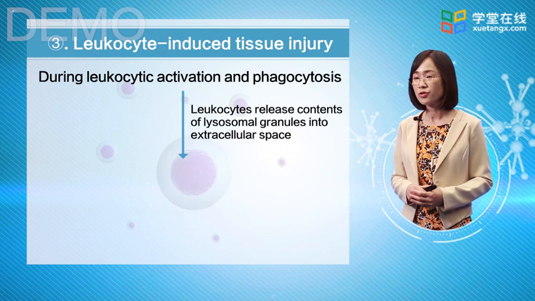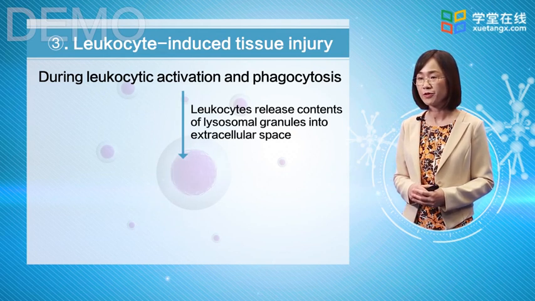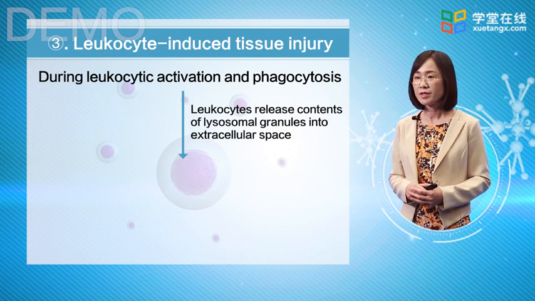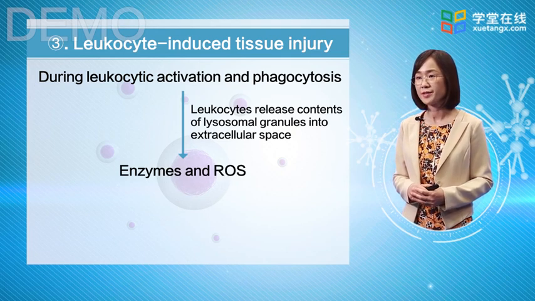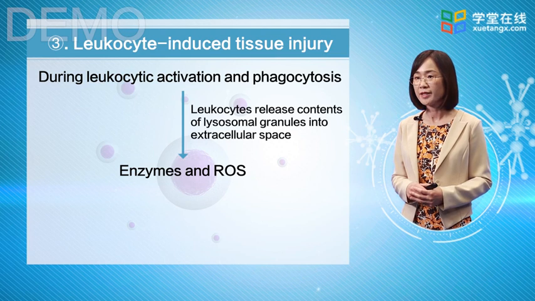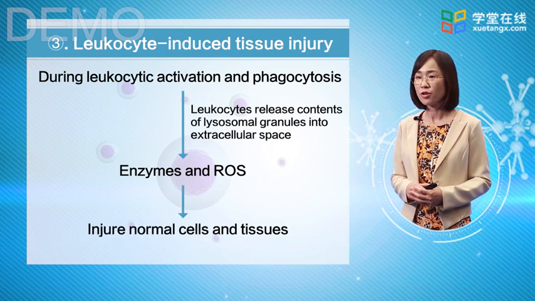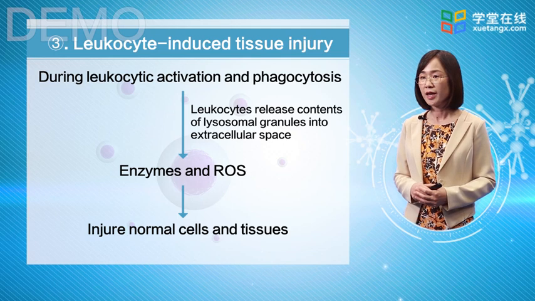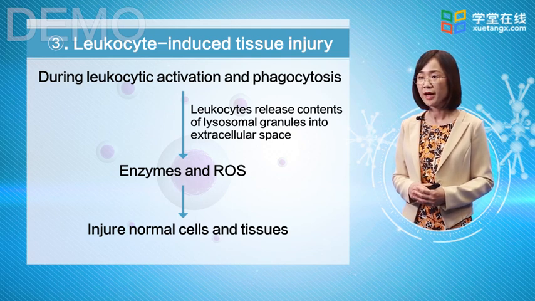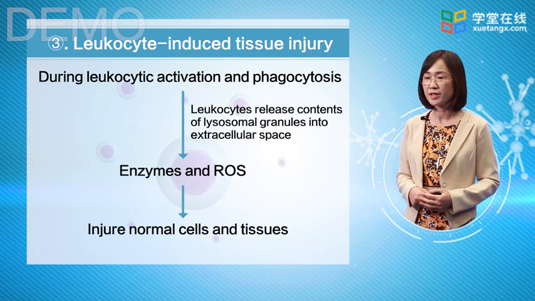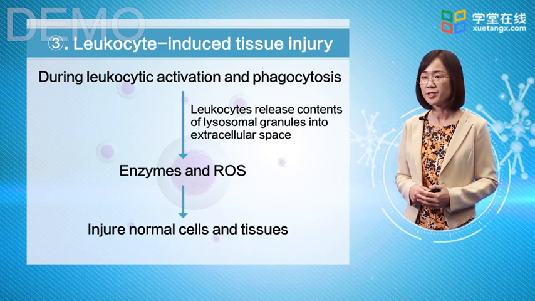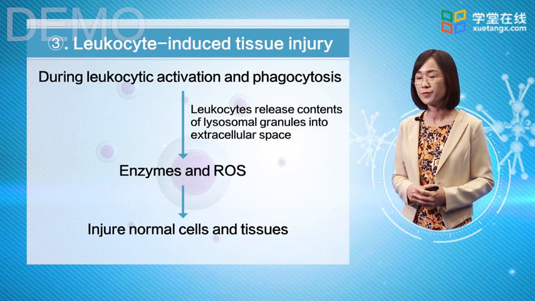Leukocytes also exude contents of lysosomal granules outside the cells, such as enzymes and ROS, to destroy and digest extracellular microbes and dead tissues. However, this also damages normal cells and tissues, exacerbating the harm caused by initial inflammatory stimuli. Therefore, besides exerting defensive effects, leukocytes can simultaneously induce tissue damage.